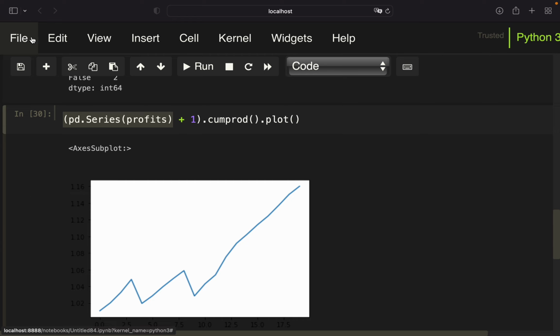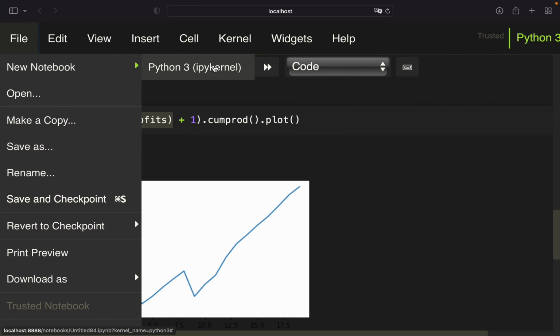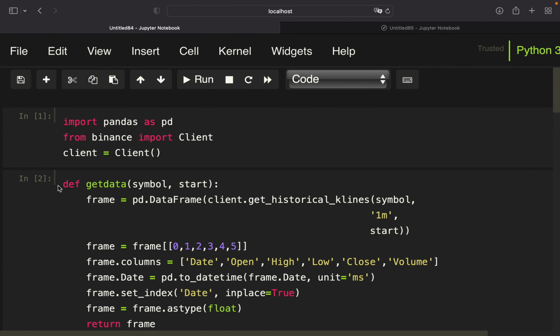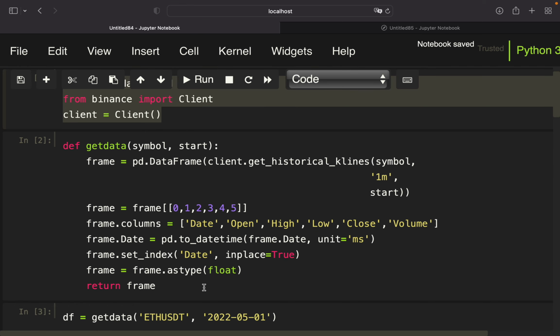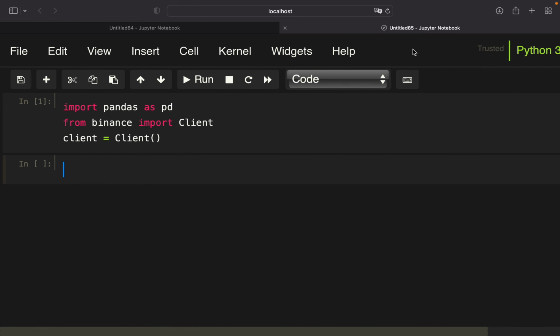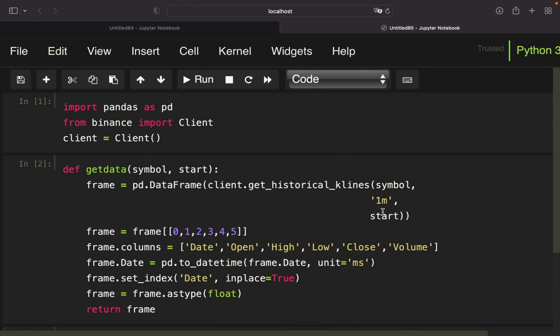So let's open up a new notebook here. And yeah, let's copy paste that over fastly. Change that to 1 day instead of 1 minute.